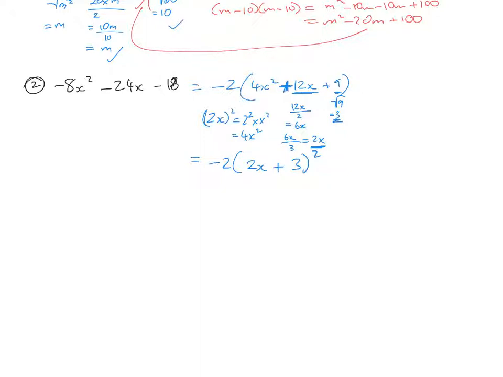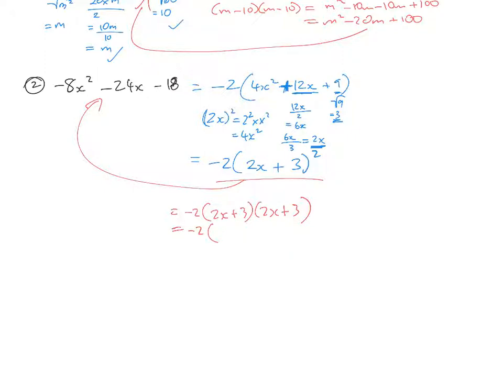Okay, we can show that this comes to this using FOIL. So here we go, just to double check. (2x plus 3)(2x plus 3). So we're not doing anything with the -2 at the front to start off with.